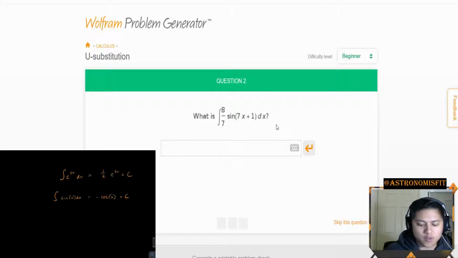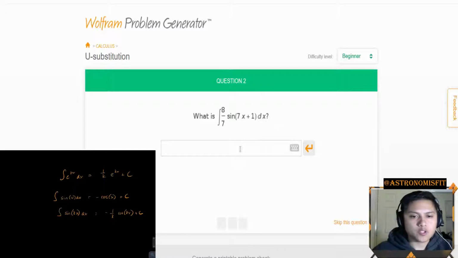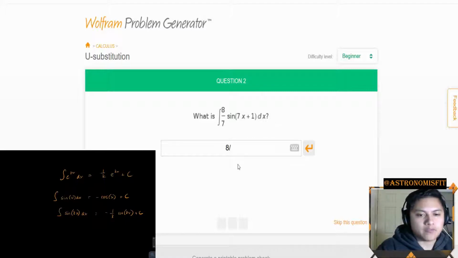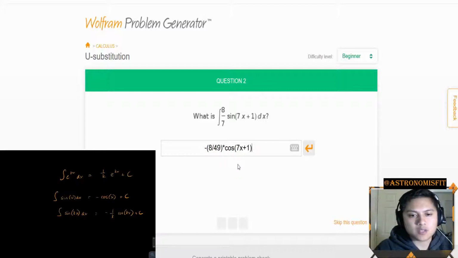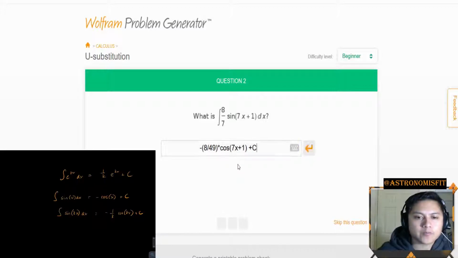If we have a constant multiplying the argument, this is just equal to negative 1 over k cosine of kx plus c. So we should have 8 divided by 49 as the prefactor on this integral, so we should have a negative 8 over 49 because of that. Same argument, 7x plus 1, plus a constant.